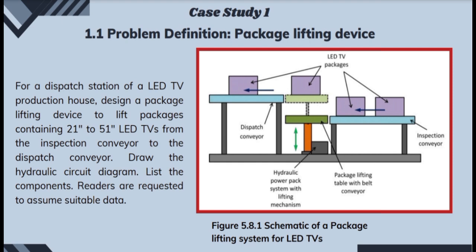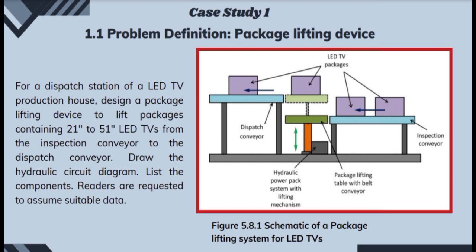For example, the dispatch conveyor is at the highest level, so the item is raised toward the dispatch conveyor. The orange aligns the packages up and down toward the dispatch conveyor.